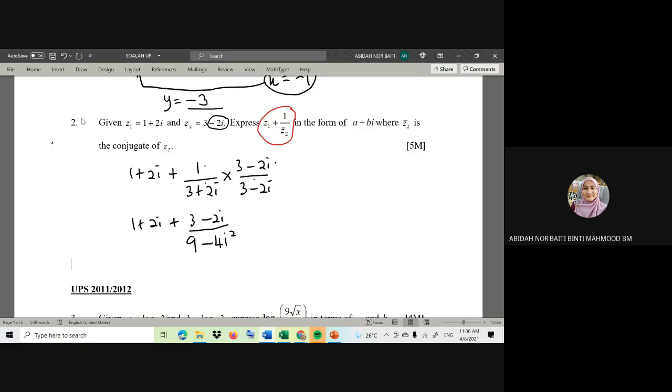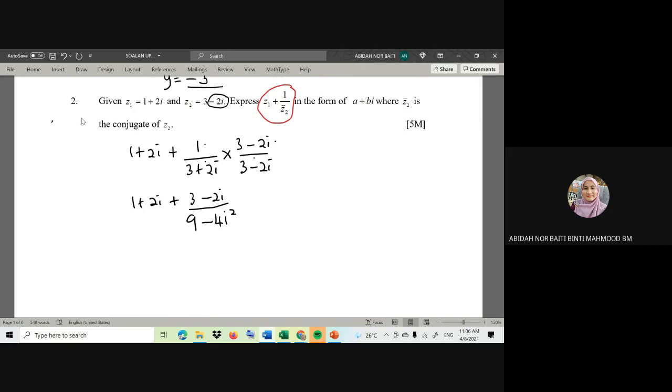Okay, numerator times numerator, denominator times denominator. And then we substitute i squared. I squared we substitute with -1 here. So 1 plus 2i plus 3 minus 2i over, so here we get 9 plus 4.